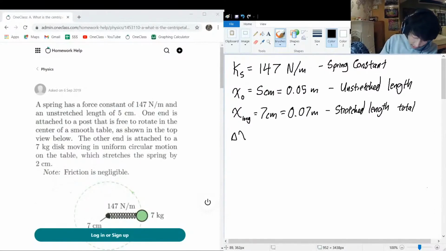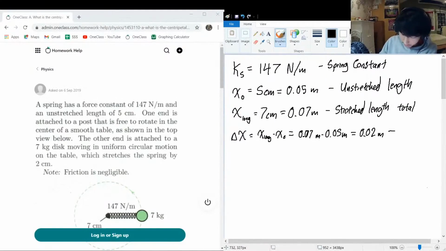And for the change in X, this is going to be important for when we do the force calculation. This is just X long minus X naught, which is 0.07 meters minus 0.05 meters, and this is equal to 0.02 meters, the stretched length.